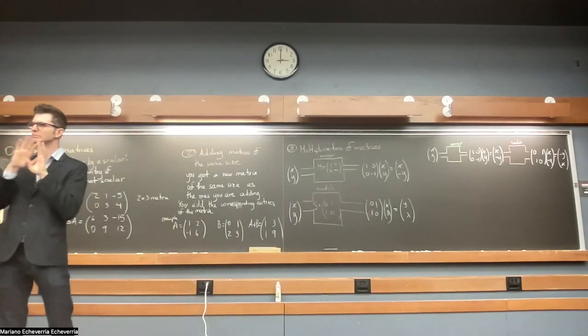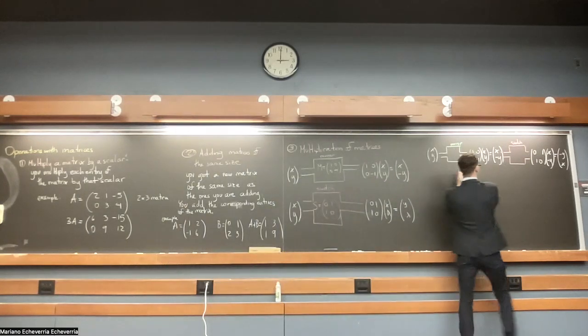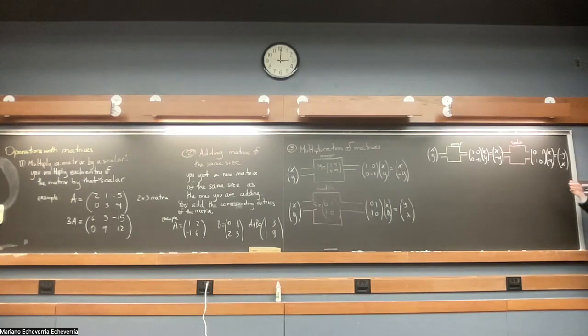Is that making sense? Let me give you a couple of seconds to digest. First you mirror it, and then you switch or flip it, and you end up with this vector.